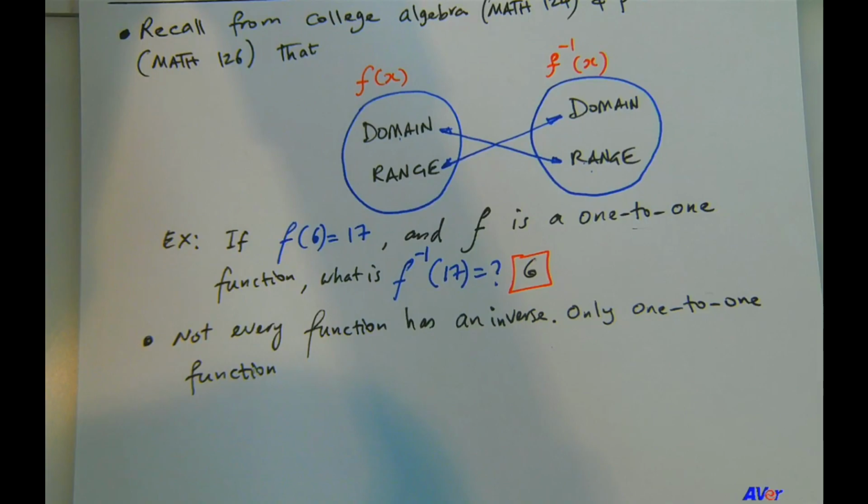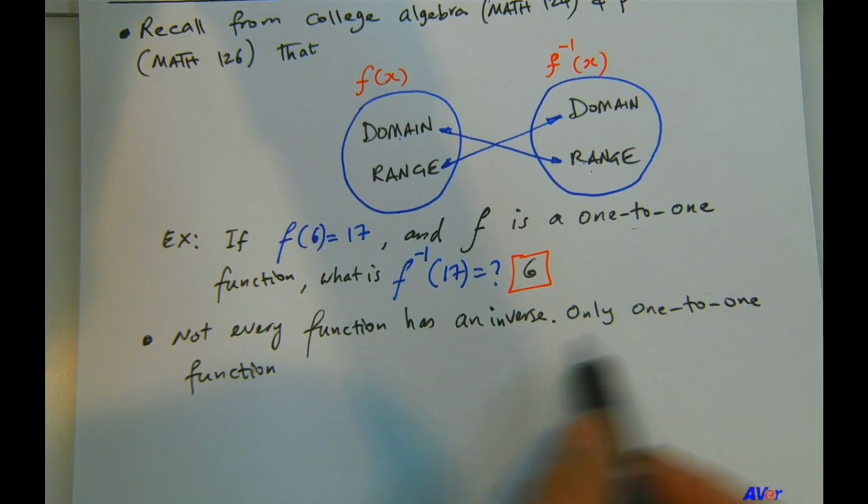So how were we able to talk about that in Math 127 if trigonometric functions are not one-to-one? Recall that in those situations, we restricted the domain to a region where over that interval, the trigonometric function was in fact one-to-one. So we had to restrict the domain for them.